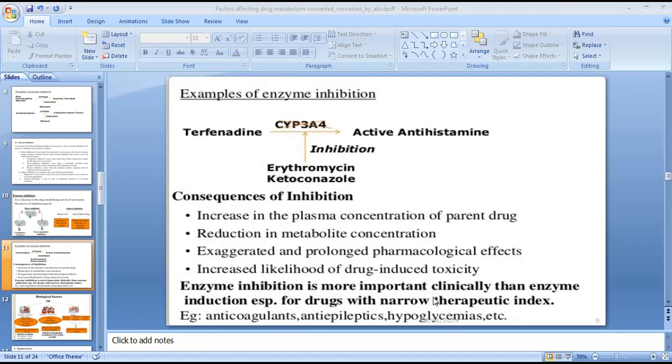Why? For narrow therapeutic index drugs, because drug molecules which have a narrow therapeutic index will provide their pharmacological action easily. Examples of those drug molecules are anticoagulants, antiepileptics, and hypoglycemics. So they will show their action for a prolonged period of time because they have a narrow therapeutic index.